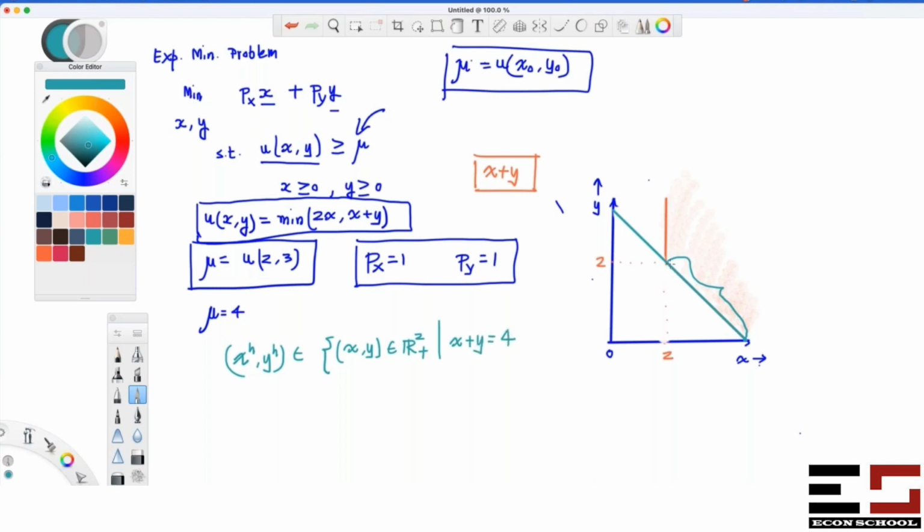So this is the x plus y equal to 4 line, and only these points. These points mean the points that satisfy x greater than or equal to y, because they are the points below the 45 degree line. So x is greater than or equal to y.